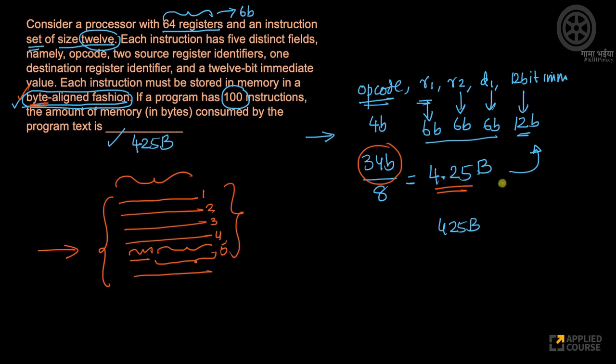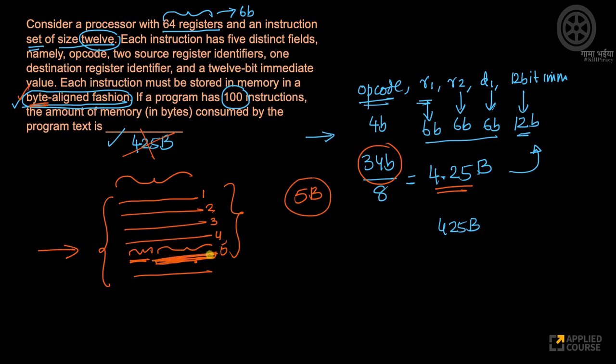So even though it requires 4.25 bytes, a very common mistake that people make is to answer 425 bytes here, which is not correct. Because you can't allocate part of a byte for one instruction and another part to another instruction. You can't do that, right? So these instructions are all 5 byte instructions. Just that these 0.75 bytes here are useless.